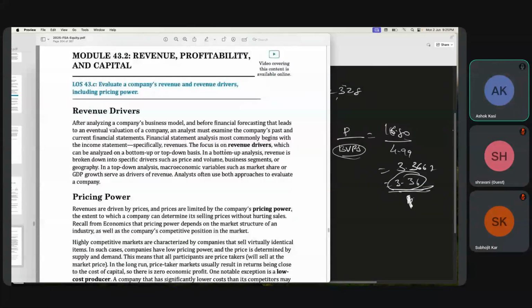Revenue driver, all these are good ones to read. Like what will drive revenue? These are the qualitative factors that you should be aware of, like what will drive revenue, what will drive the pricing power. It will tell you how good the company's products are, and how much power they have.